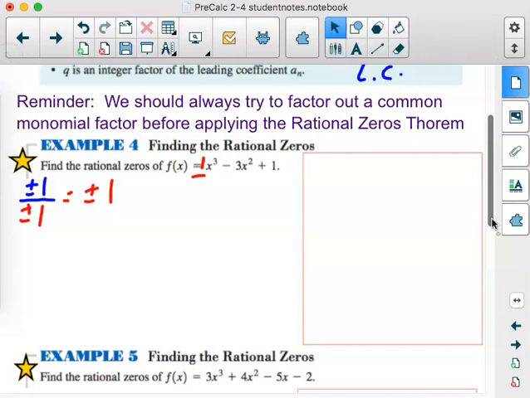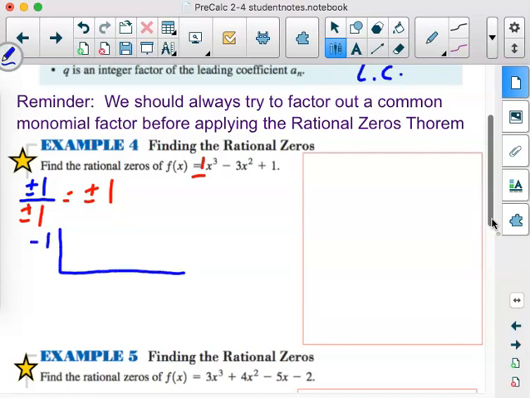And usually I'll just try the negative first. So I'm going to use negative 1, and I'm going to do synthetic division in the hopes that I can get a 0 for a remainder. So 1x cubed, negative 3x squared, but we don't have any x, so I have to put the 0 in as a placeholder, and I need to go all the way to that constant, which is a 1.